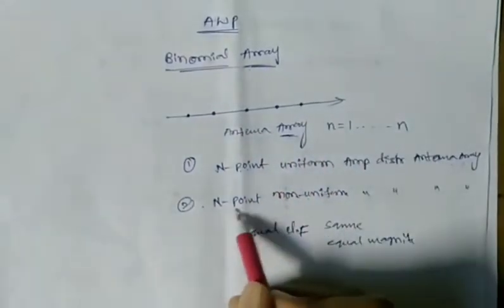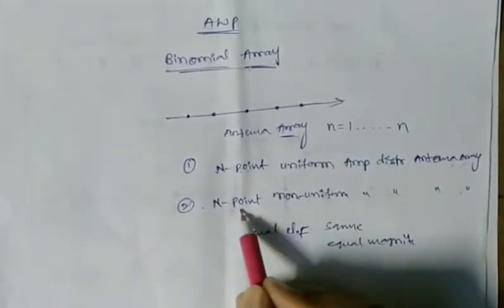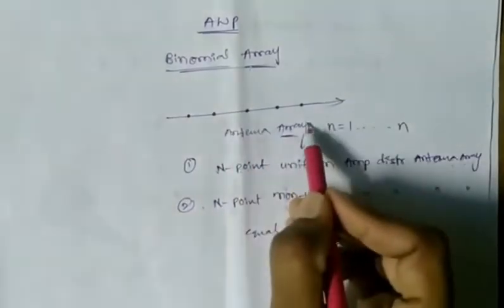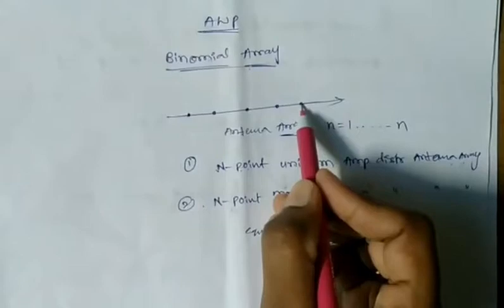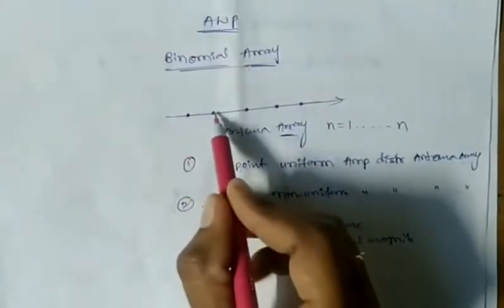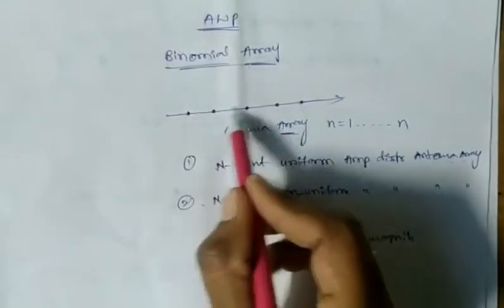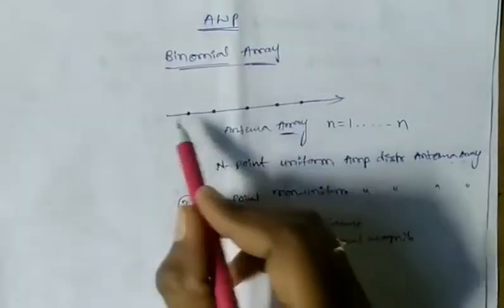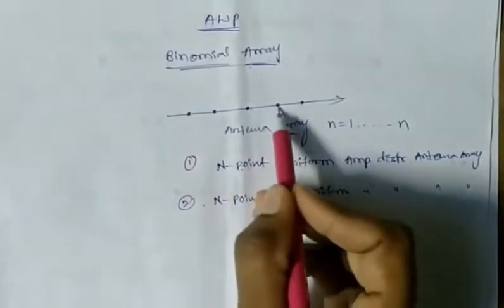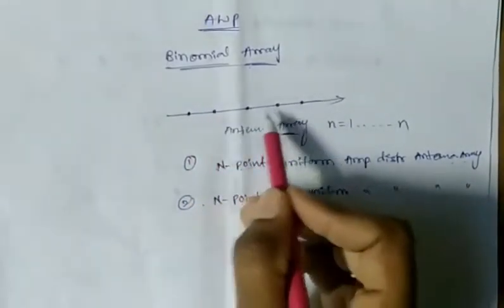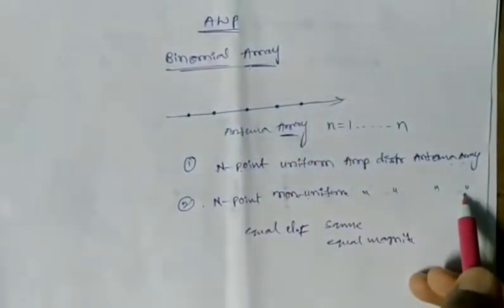Coming to the n-point non-uniform amplitude distribution array, here also we are taking n number of point sources in the antenna array. All these radiating elements or point sources carry currents, and each and every antenna produces an electric field that is not the same as the other elements. Means each and every element produces a different electric field in this non-uniform amplitude distribution antenna array.